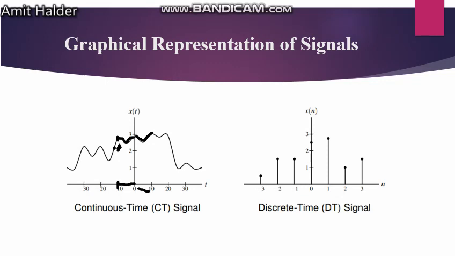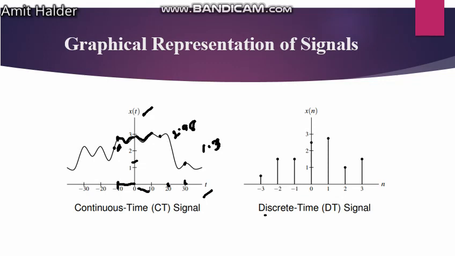At each time you get the value. That is the time axis and that is the signal axis. If you want to find out at 20, that is closer to 3, that means 2.98 maybe. And if you take time 30, that can be 1.3 in that position. So each and every time you get the value. So there is no breakage here, or you can say no intervals are there.